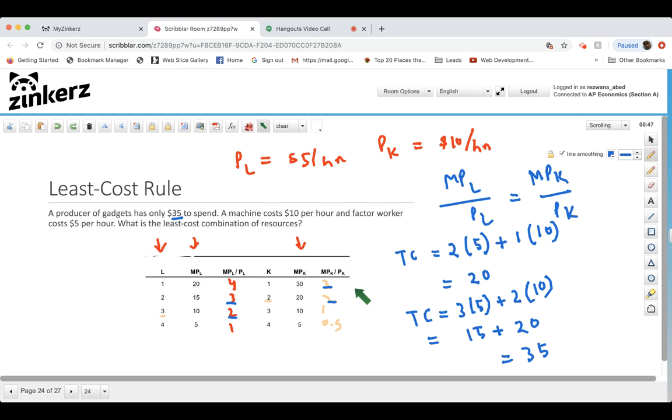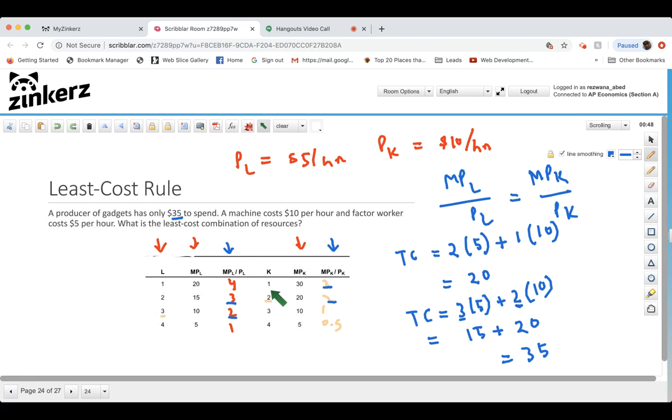Okay, so do you see why I'm going to go with this combination of using 3 factory workers and 2 machines? Here the first thing we did was calculate these ratios, where we found the marginal product of labor divided by the price of labor, and the marginal product of capital divided by the price of capital. These 2 ratios.